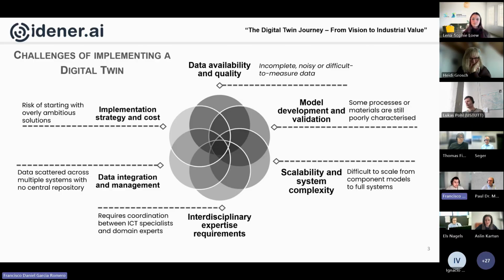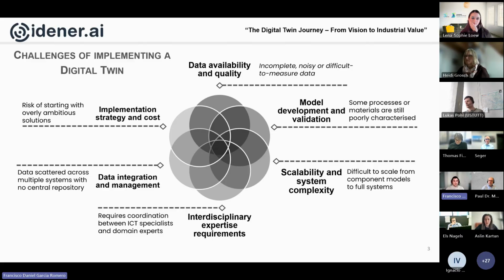Also, sometimes the data can be scattered through different databases, because the data may already exist, but integrating all of this in a homogeneous database which you can use in the digital twin can also be challenging.